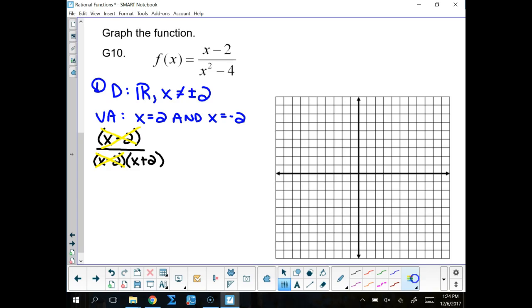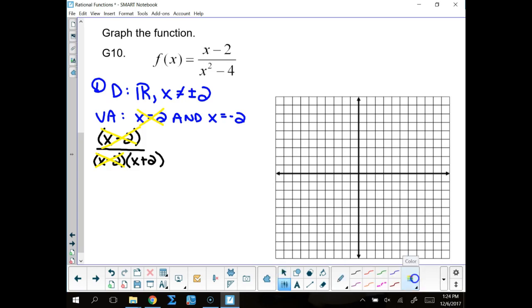Okay? So, because I removed a factor, do I have to adjust my vertical asymptotes? Yeah. Which one goes away? X equals 2 also goes away. I removed that part too.